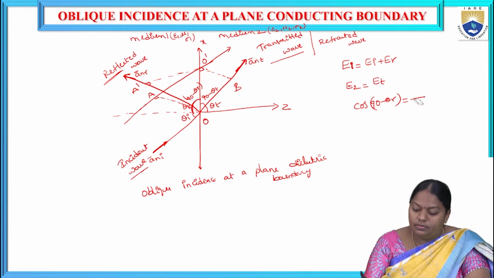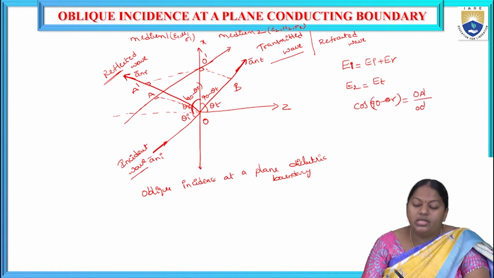See this: cos of 90 minus theta R equals OA dash by OO dash.